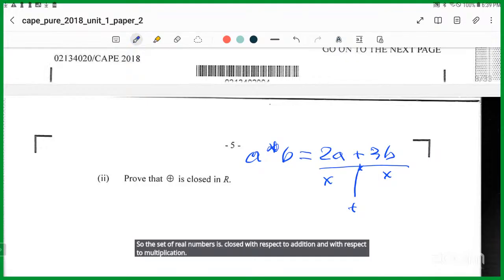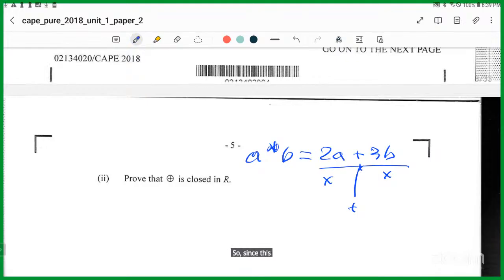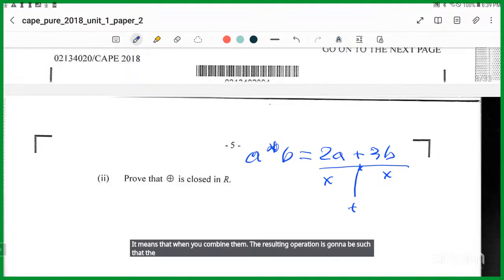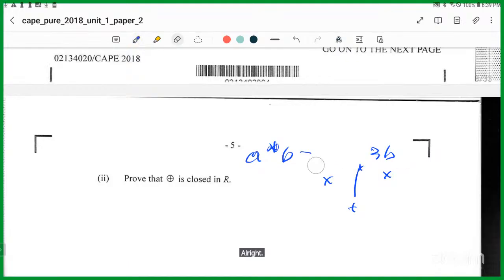Since this operation star comprises of two operations on which the set of real numbers is closed, when you combine them, the resulting operation is also such that the set of real numbers is closed on that operation. All right, and that is the logic behind it.